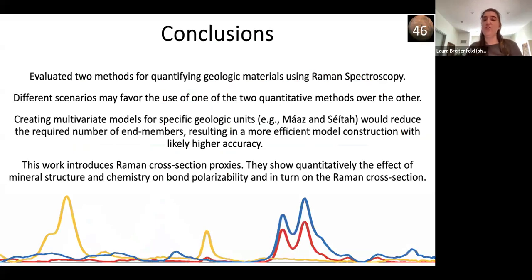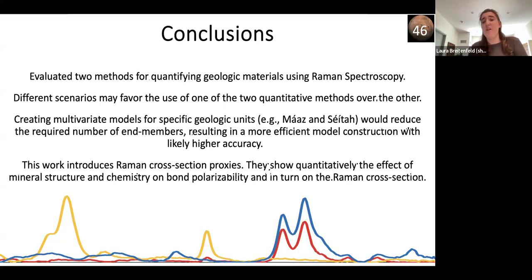Okay, so the conclusions for this part of the talk include: we evaluated two different methods for quantifying the geologic materials using Raman spectroscopy. Different scenarios may favor one or the other quantitative method, although their performance was pretty similar.